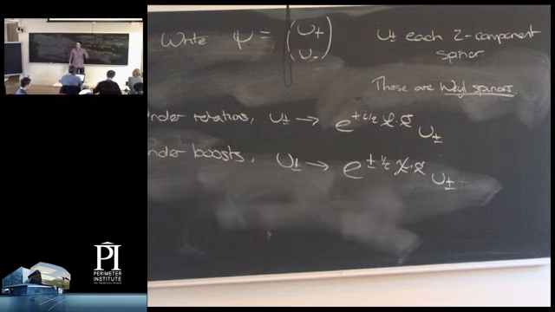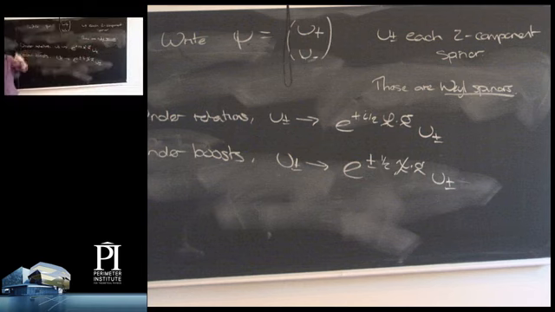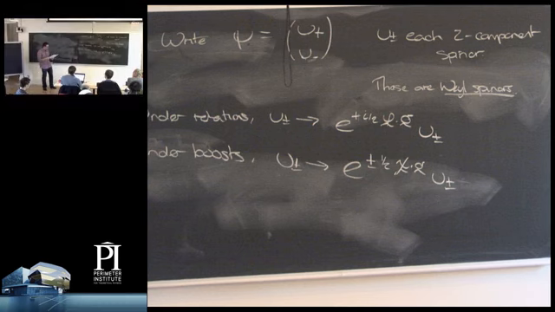Okay, so people who know a lot of group theory: the u plus is sometimes called the (1/2, 0) representation of the Lorentz group. The u minus is sometimes called the (0, 1/2). Okay, good. So this Dirac spinor contains constituent objects, u plus and u minus.